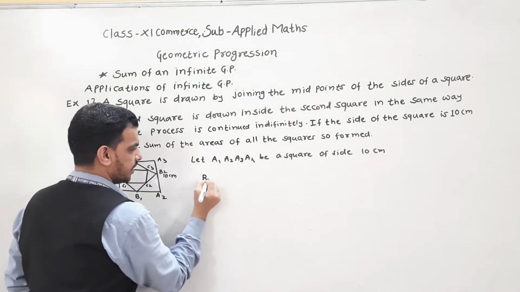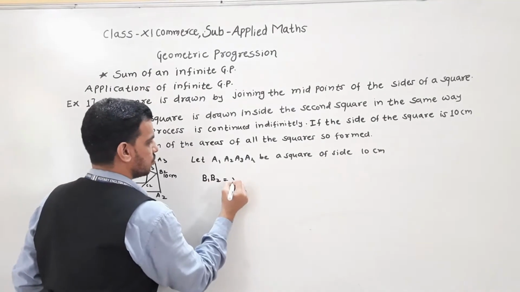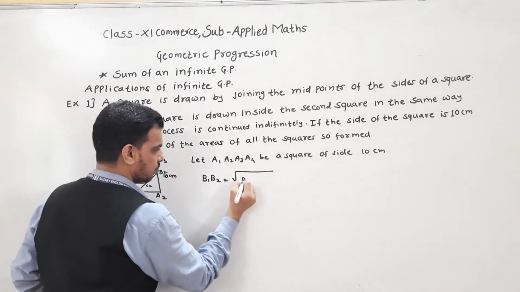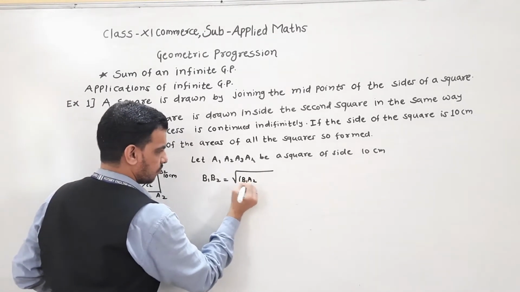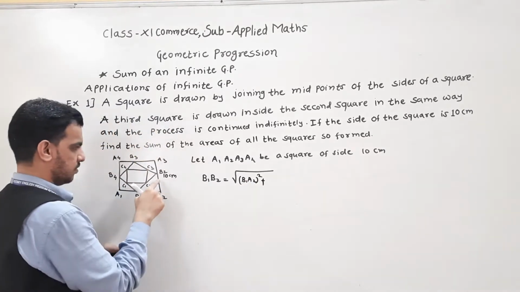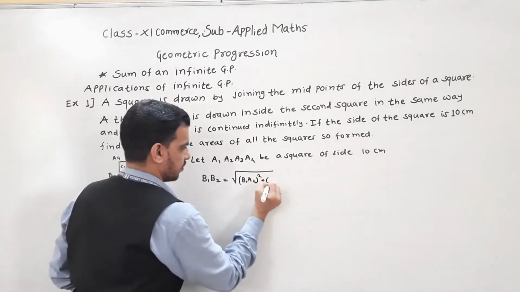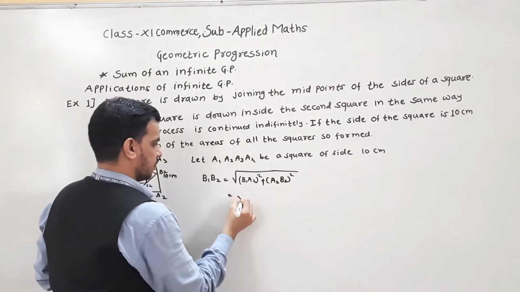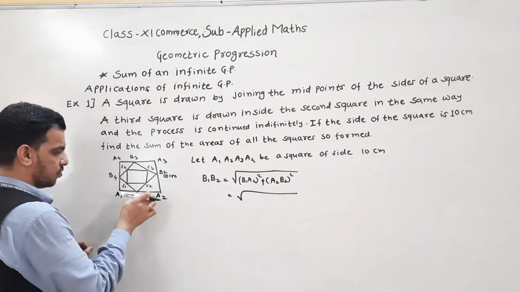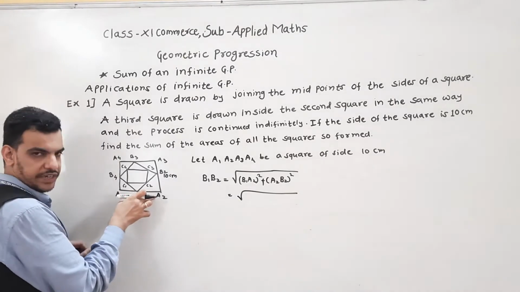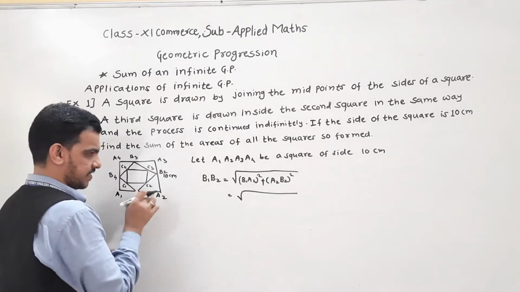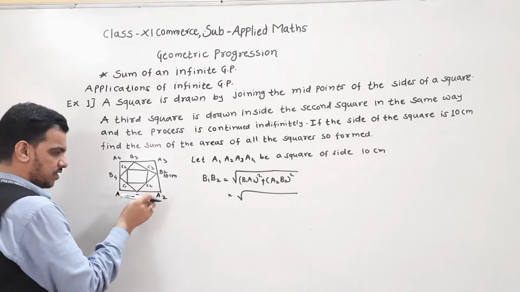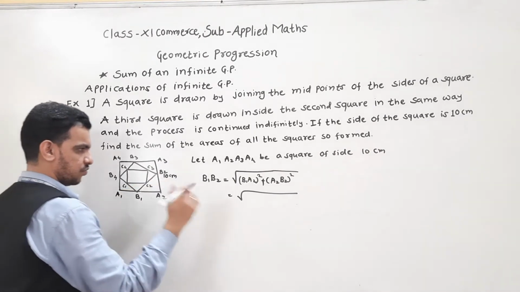Okay. So B1, B2 is equal to square root of B1, A2 square plus A2, B2 square. Now B1, A2. B1 is the midpoint of A1, A2. So B1, A2 is 5 centimeter, because A1, A2 is 10 centimeter. This is the midpoint, so this distance is 5. This is also 5.